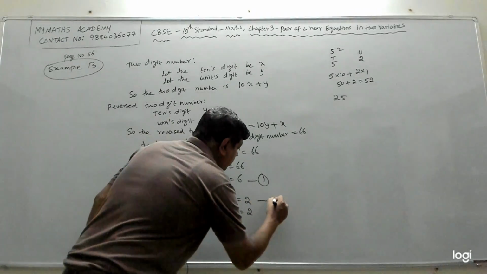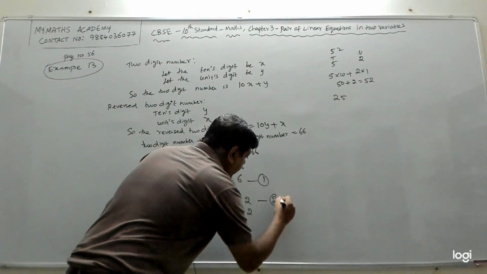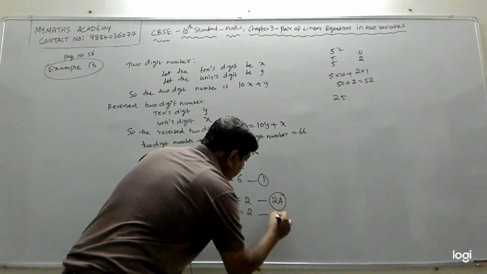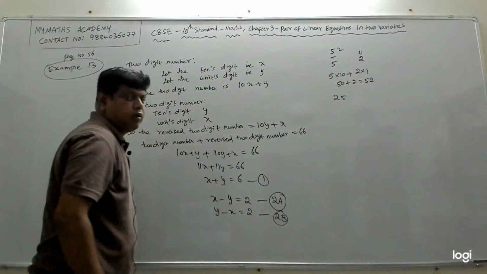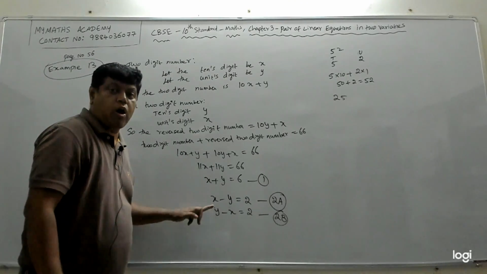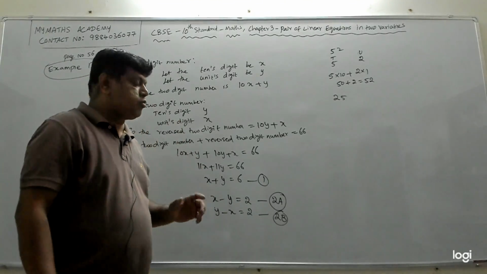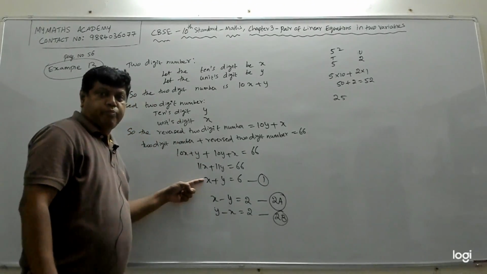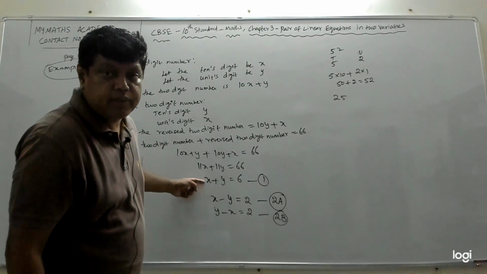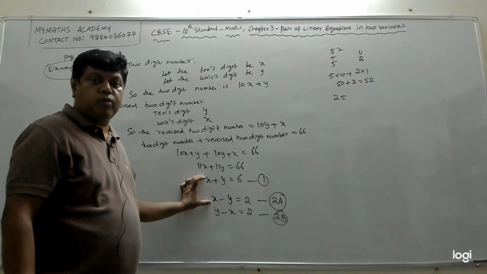So I can call this equation 2a, or it is equation 2b. The second equation is either this or this, so we should have two cases and solve them. First, you take this as the first equation and this as the second equation, solve these two and find x and y.